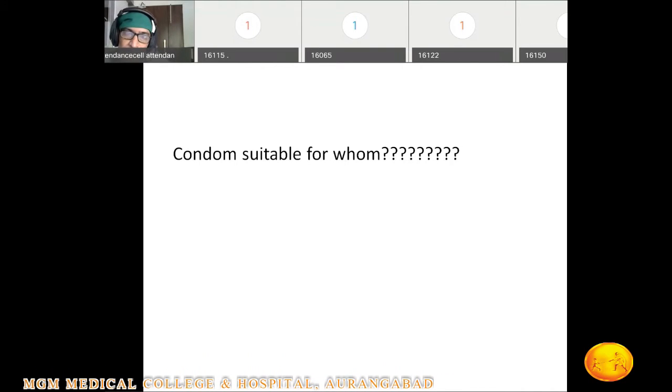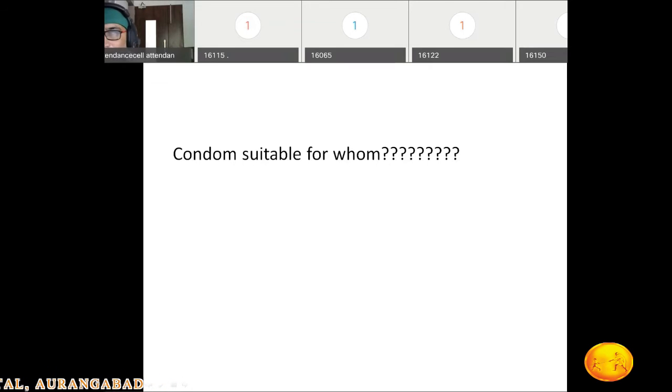So which couple is more suitable for use of condom? As you said, temporary contraception for those who have not completed their family, STDs and all. So all those need some contraception. But how will we differentiate for whom OC pills are better, for whom copper T is better, and for whom barrier is better?